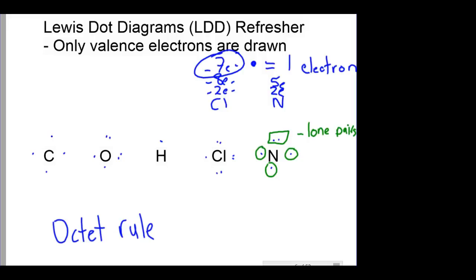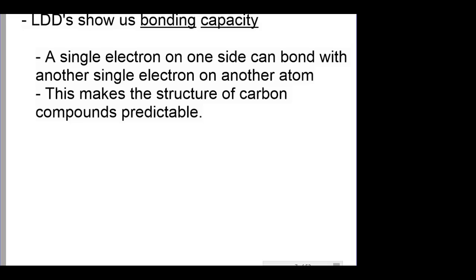If you take a look at carbon, carbon has the most open spots. It can form 4 bonds. There are 4 electrons by themselves. So that's 4 potential places for connection. So the Lewis dot diagrams show us what we call the bonding capacity.